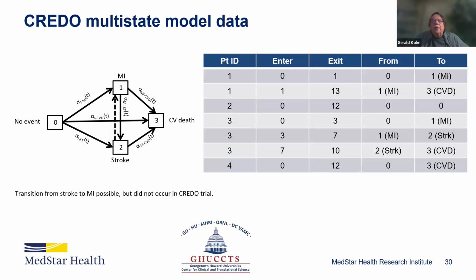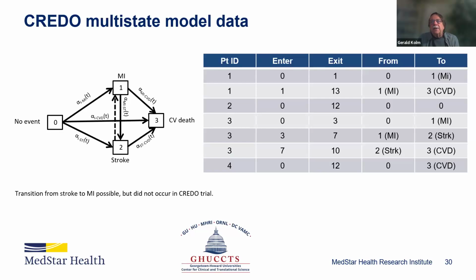So we would have their enter and exit for each event. For example, patient number 2 enters and exits at 12 months without any events, so they have just one row of data.